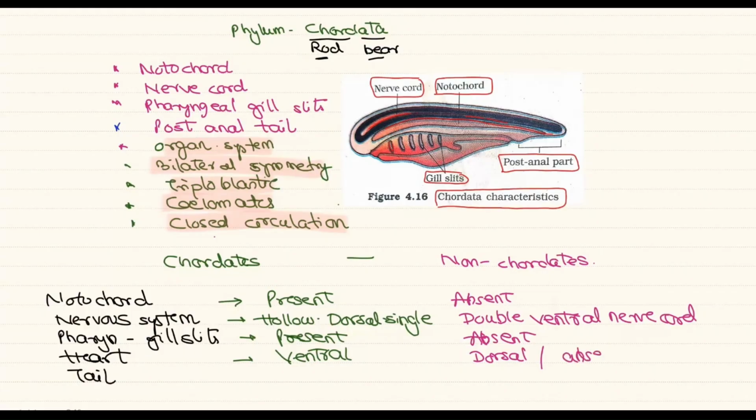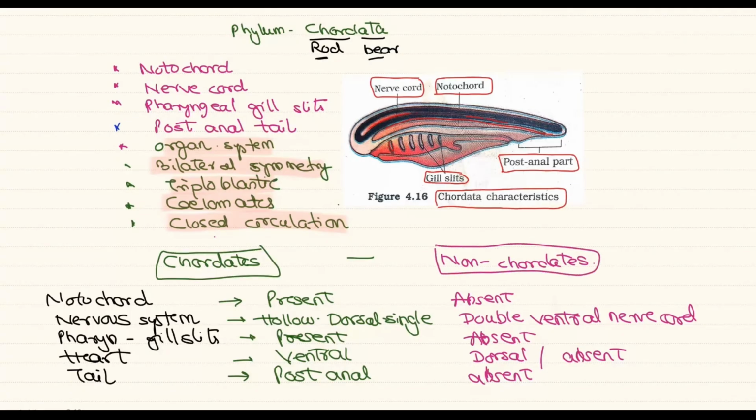In most of the cases, the heart is absent. The tail in the case of the chordates is post-anal, that is after the anus, whereas in the non-chordates, a post-anal tail is generally absent. So these are the basic differences between the chordates and the non-chordates.